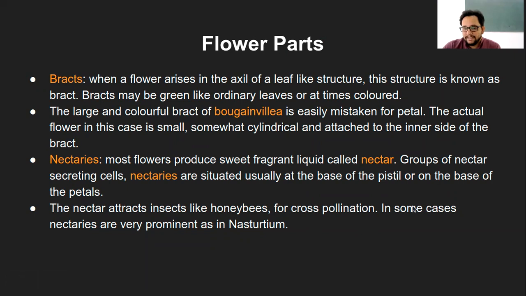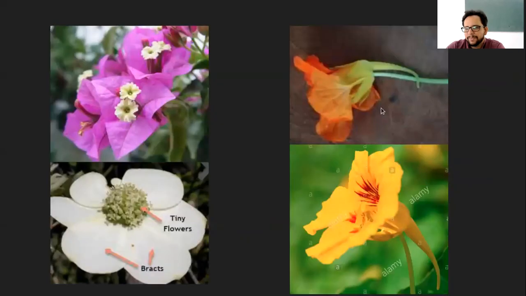In some flowers, nectaries may be a very prominent structure, as in the case of nasturtium. This nasturtium flower is shown here. This dark green thing is the pedicel, and this other structure, not on the top but on the side, is your nectary, because it will store the nectar and have all those nectar-secreting cells.